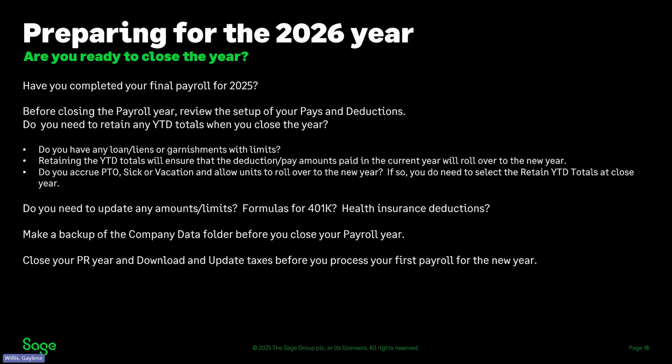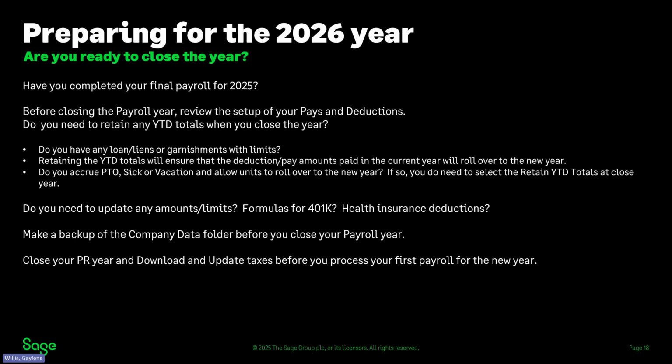Okay, you can download that file, just don't update it until you are completely finished with 2025. Okay, you don't have to do it when it's ready. You can wait until after you close the year and then download and update those taxes.